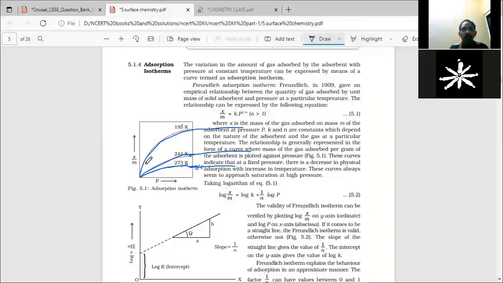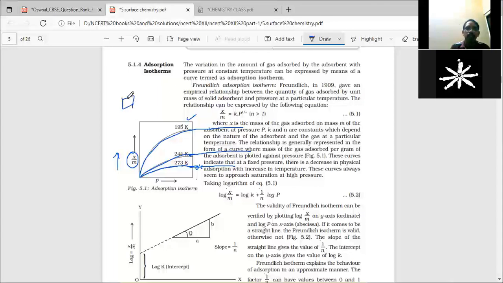So as the pressure increases, the x by m value increases, and then it becomes constant. Up to this much is clear? Now, after a certain pressure, whatever pressure you increase, there is no change in the adsorption of gas. Why?